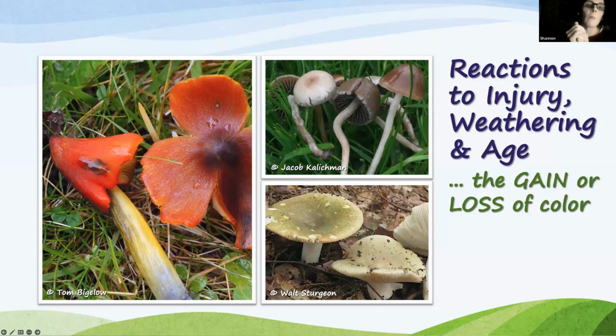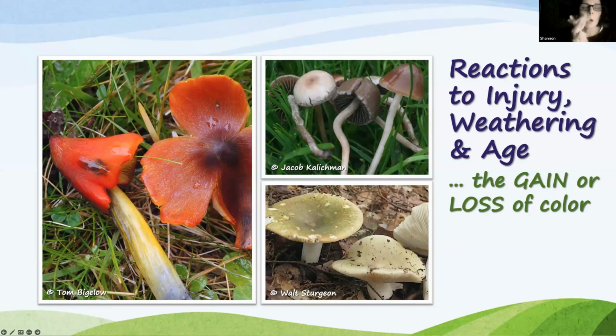And then you might not think that the smaller image on the upper right-hand side is an image of all of the same mushroom, but it really shows how mushrooms that are hygrophanous, meaning that their tissues, most often their caps, change color as they dry, how profound that can be.